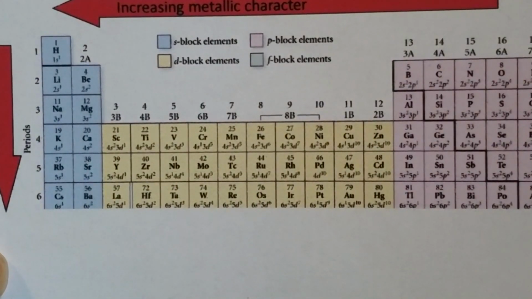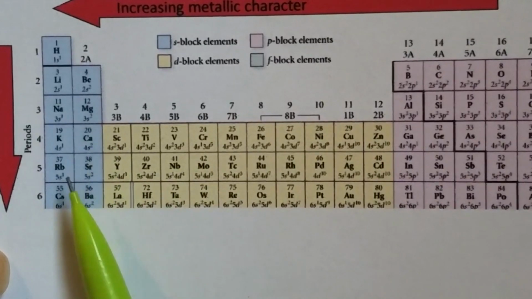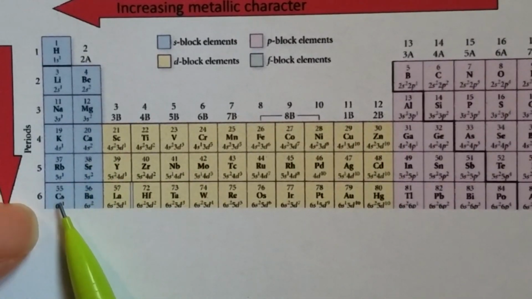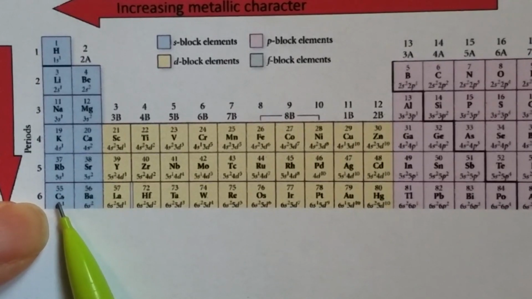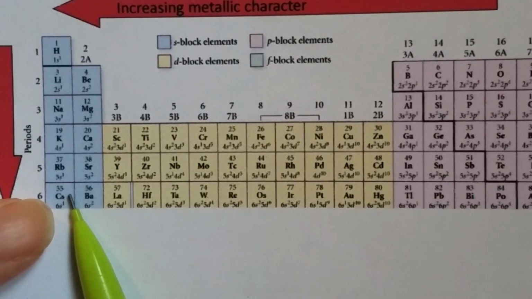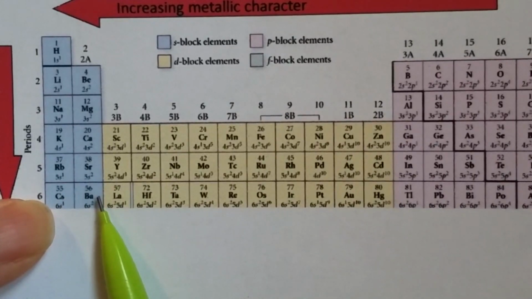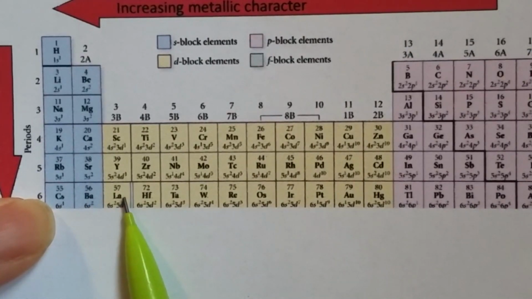Okay, so you see we should have cesium, that's atomic number 55, and then barium, atomic number 56, and then lanthanum, atomic number 57.